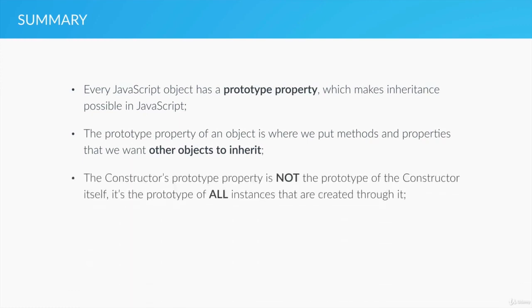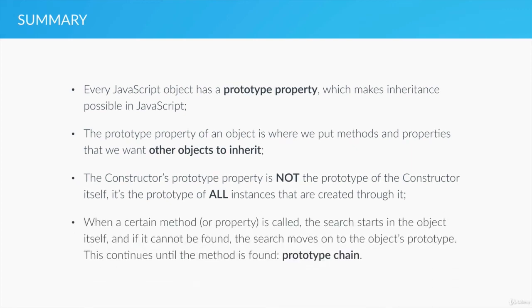The constructor's prototype property is not the prototype of the constructor itself, but it's the prototype of all instances that are created through it. When a certain method or property is called, the search starts in the object itself, and if it cannot be found there, the search moves up onto the object's prototype. This continues until the method is found, and this is the prototype chain.